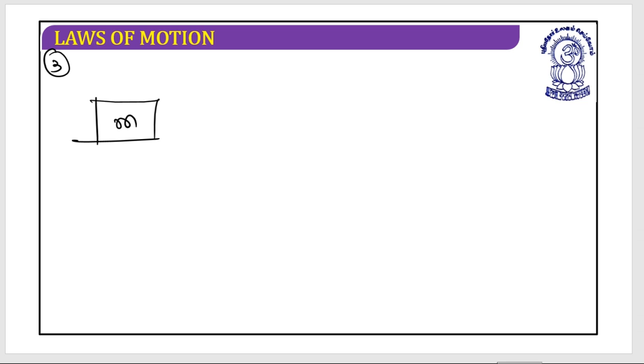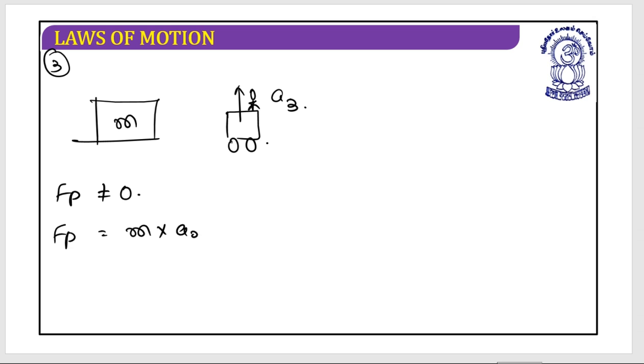This is a block. It is at rest, and now you are sitting in a helicopter, and your helicopter is moving in the upward direction with certain acceleration, let's say a3. So FP would be non-zero because you are going to apply an FP. What would be the magnitude of FP? It would be m times a3.